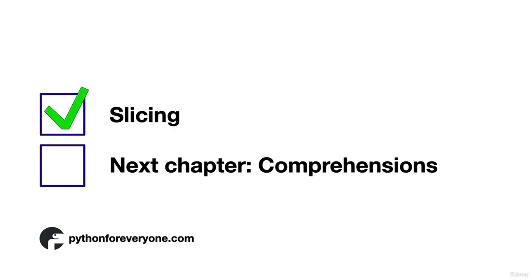You have seen how to get parts of lists with slicing. There is one tool left to show, and it is the most powerful one you will see in this course. It has a strange name, but will improve your Python skills. In the next chapter, you will learn Comprehensions.